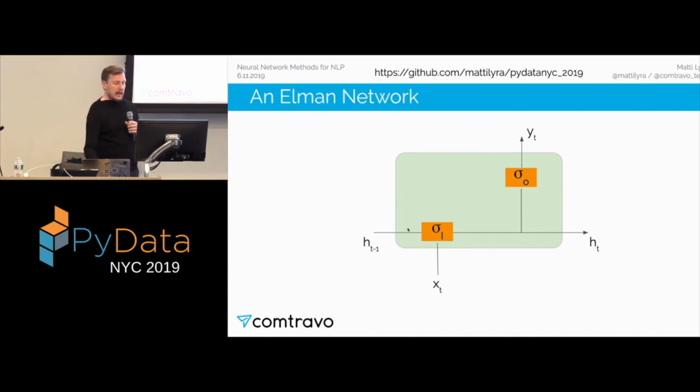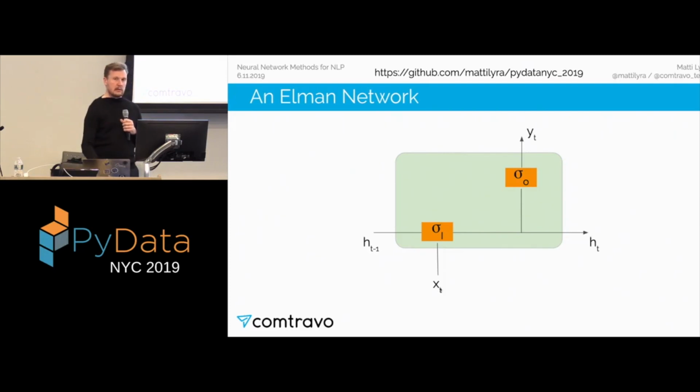What we have here is a simple recurrent neural network called an Elman network. Here's our input coming in, and here's the hidden state from the previous time step. These two are integrated together through a non-linearity. This orange box contains two sets of weights.